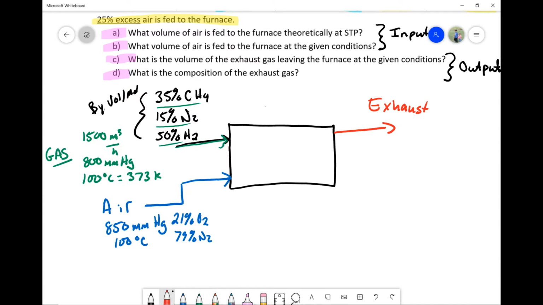Apologize. So it's coming out hot. That's pretty hot. 2,000 degrees C. And this was 1,000 degrees C. I apologize. 1,000 degrees C.